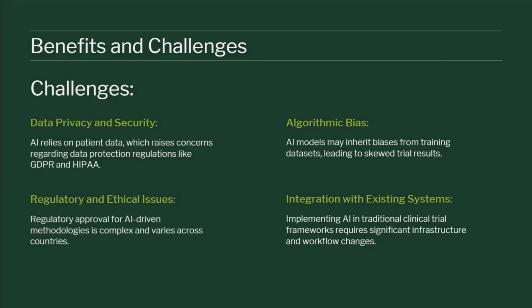There is always a regulatory and ethical issue, as I told, that the regulators are still watching AI: how perfect it is, how effective it is, is there any chance of error, and may it happen that some wrong data or wrong result comes. So regulatory effort for AI-driven methodology is complex and varies across countries, because the entire world is not at the same stage.